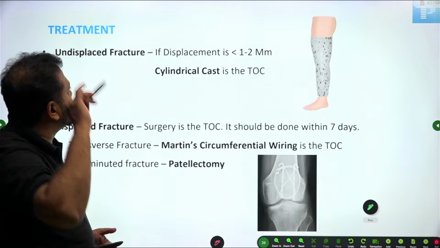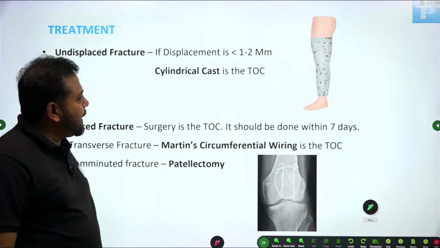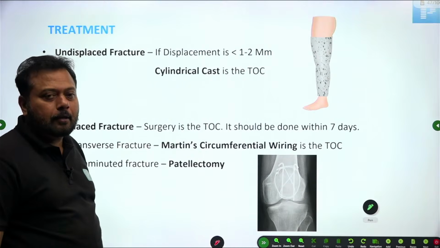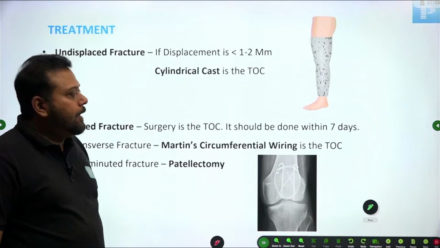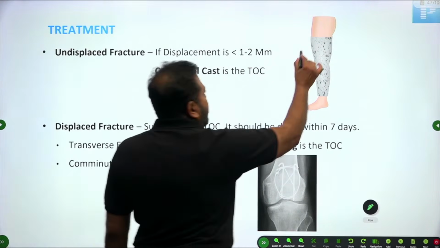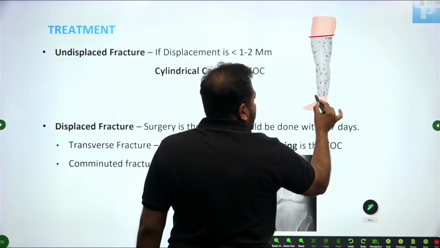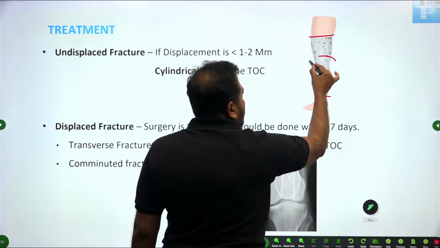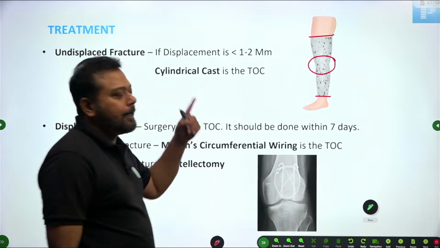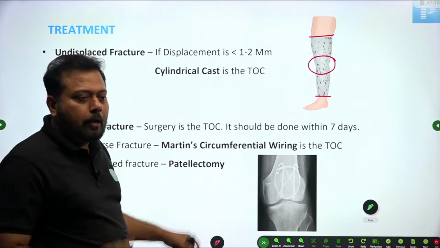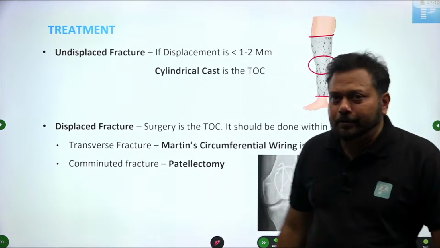Coming to treatment. When the displacement is less than 2 millimeter, that is called undisplaced, and the best management is cylinder cast. From the middle of the thigh up to the ankle, only the knee joint is immobilized. Ankle and hip are free. This is called cylinder cast.